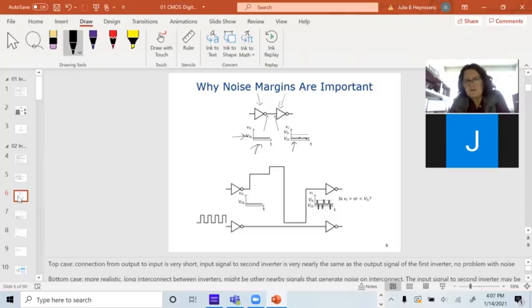I'm seeing fluctuations around V out low, but this inverter here that's acting as an input is going to say everything below V in low is still a logic 0. So there's nothing on that line that's above V in low, so it's clearly always logic 0 as I intended.